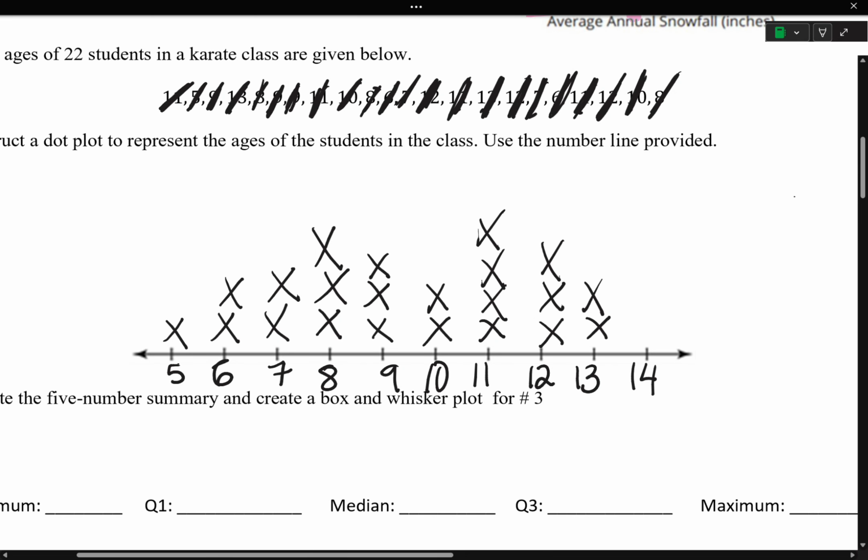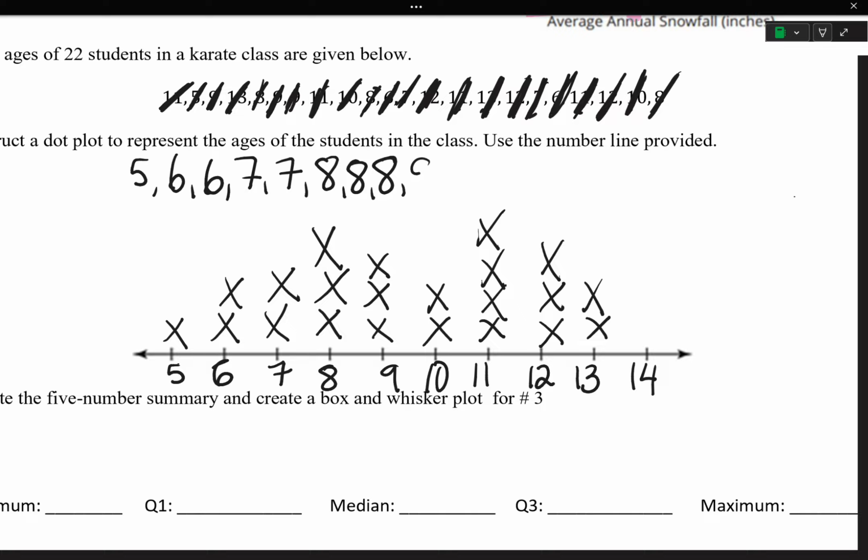I see 1 5, so I'm going to write a 5, 2 6s, 2 7s, 3 8s, 3 9s, 2 10s, 3 11s.